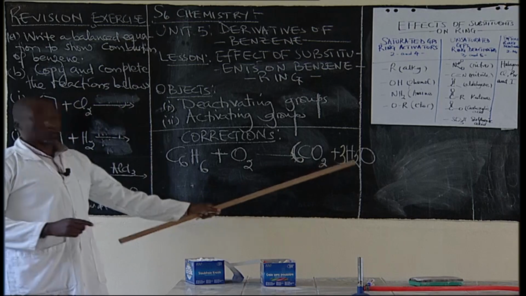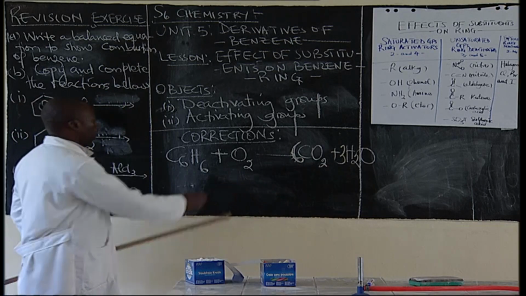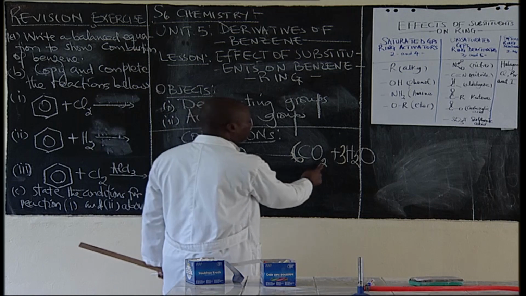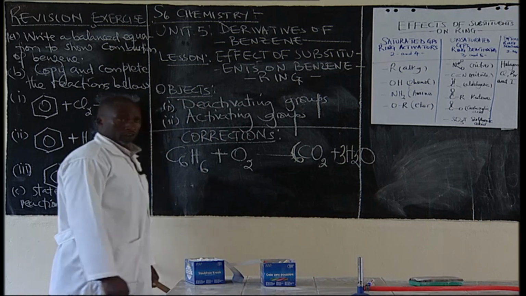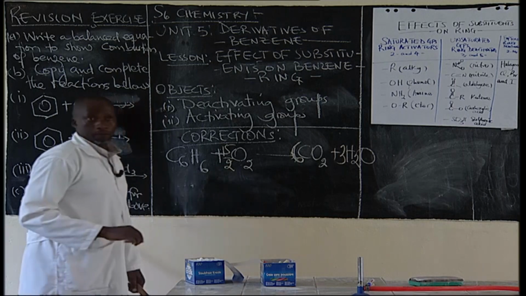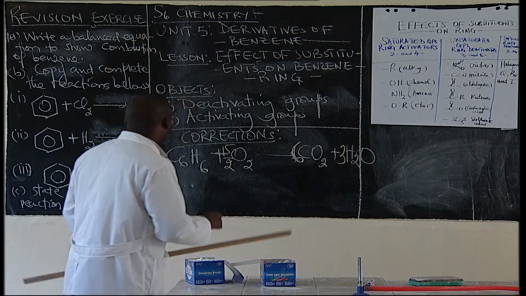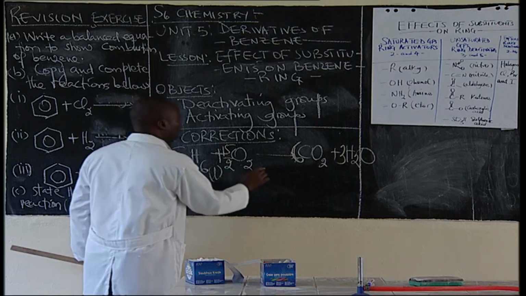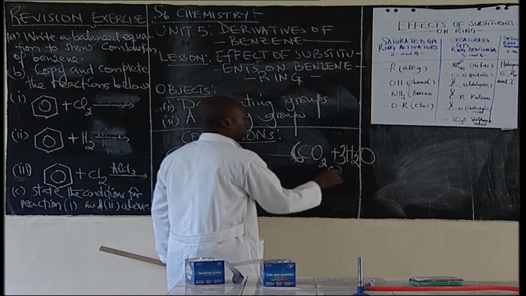We are remaining with the oxygen atoms. How many? We have 2 this side. We have 12 and 3, which is 15, so this is the same as 15 over 2 O2. So that is the balanced equation. Benzene exists as a liquid, carbon dioxide is a gas, and water is a gas.